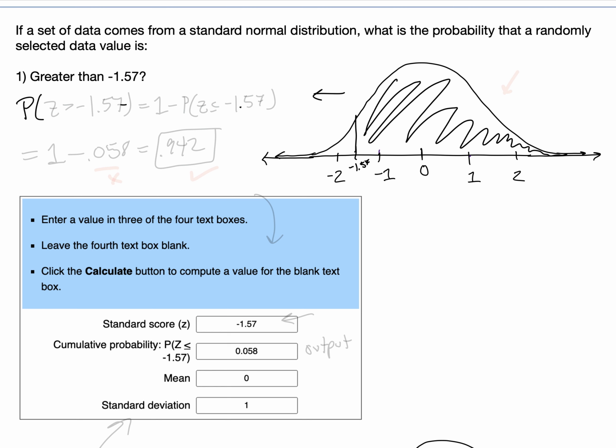So the probability that z is greater than negative 1.57 is equal to 1 minus the probability that z is less than negative 1.57, or less than or equal to, again, doesn't matter. Now we can use a computational device, and when we plug in negative 1.57, our output is 0.058, and so when we subtract that from 1, we get 0.942.